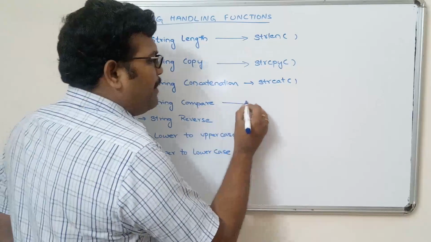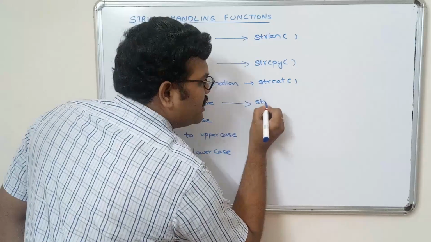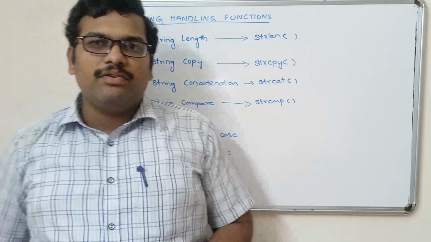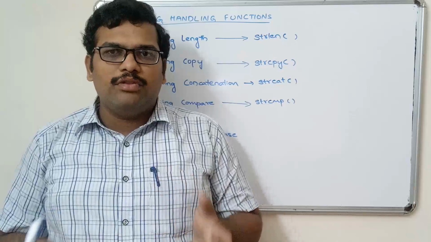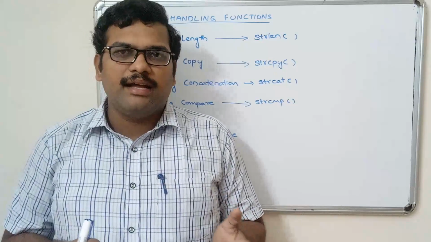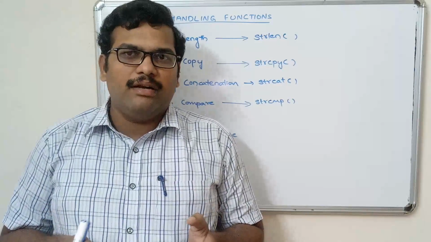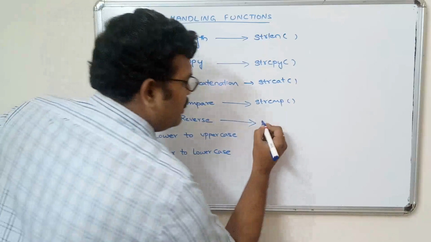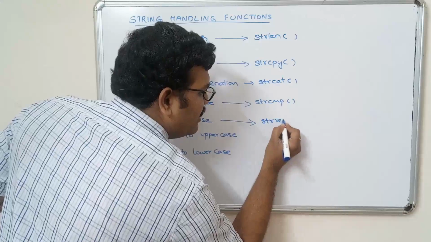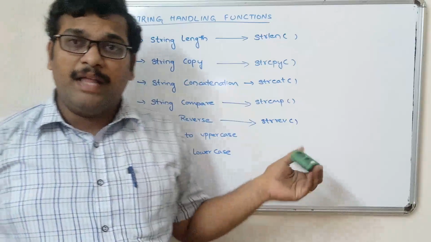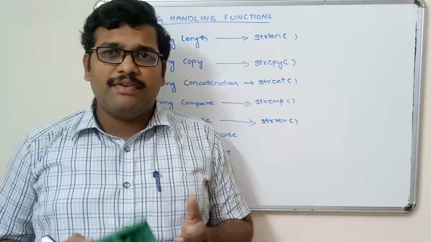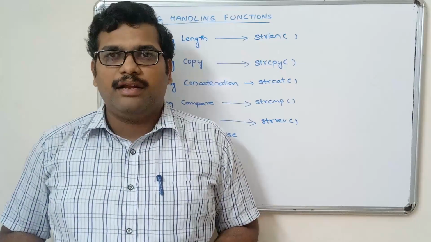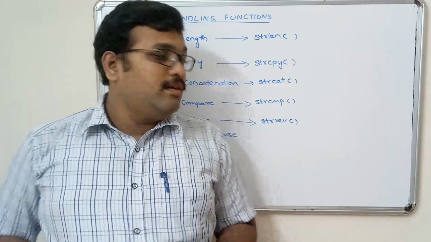So that's why we call it appending of strings, that is concatenation. And then string comparison. For this the representation is strcmp. It compares whether the content of both strings is equal or unequal. And coming to string reverse, it is strrev. The name itself indicates that the string reverse function is used to reverse the content of the given string.